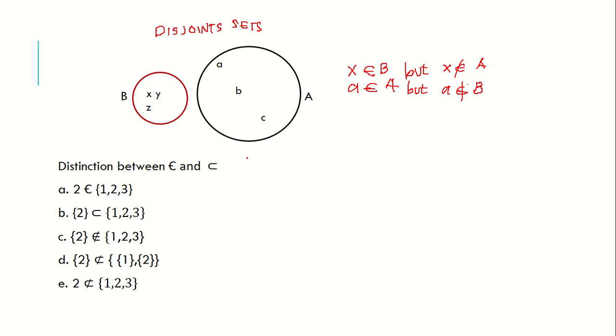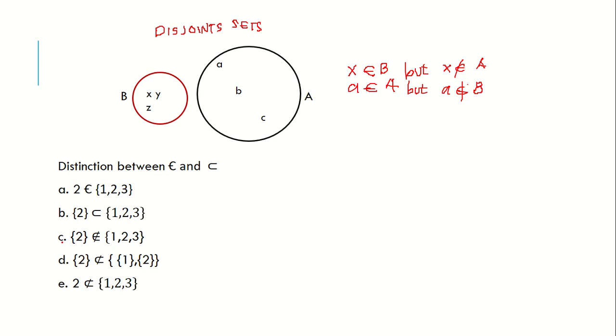Distinction between elements and subsets. For letter A, 2 is an element of the set having elements 1, 2, 3. For letter B, the set {2} is a subset of {1, 2, 3}. To become a subset, you must put 2 as a set. So this is correct.